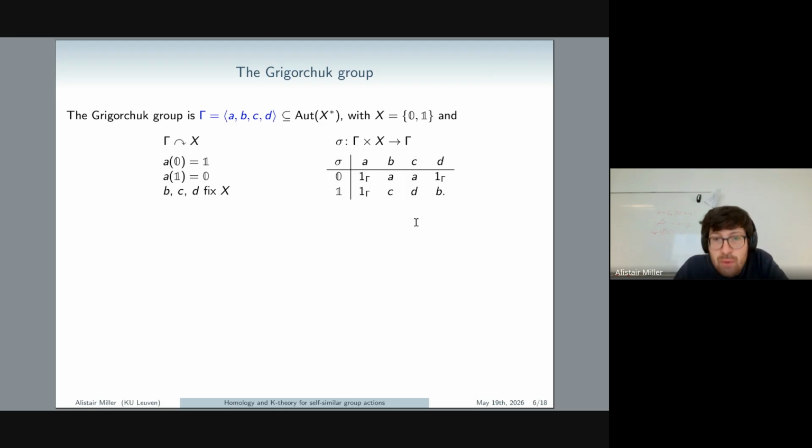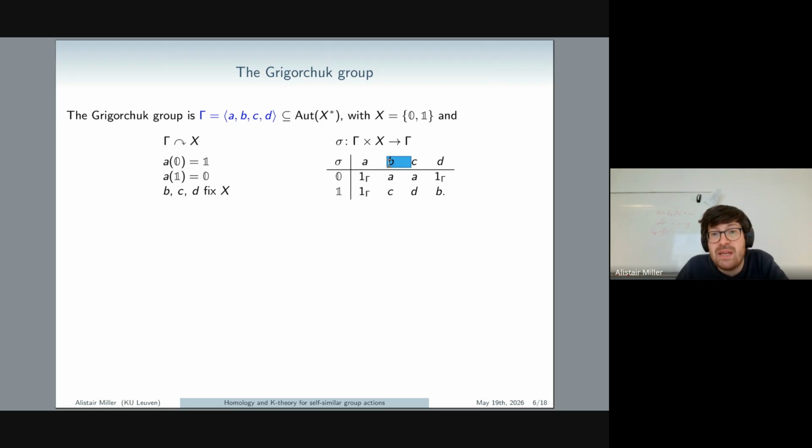So what is this diagram telling me? This is saying that if I push my generator A past any digit, it's going to become the identity.